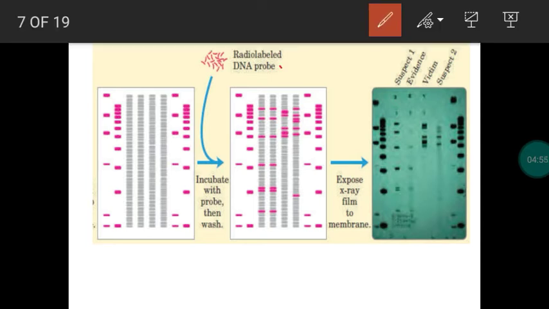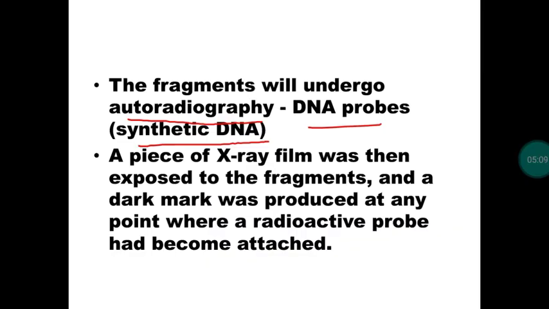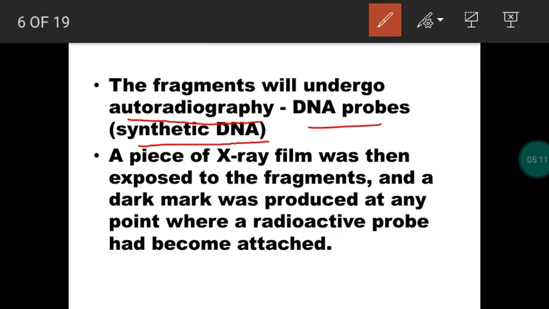So this is the nylon sheet. Now on the surface of the nylon sheet, we have applied the DNA probe, which is radioactive in nature. Next, on the surface of the nylon sheet, we are going to touch an X-ray film.